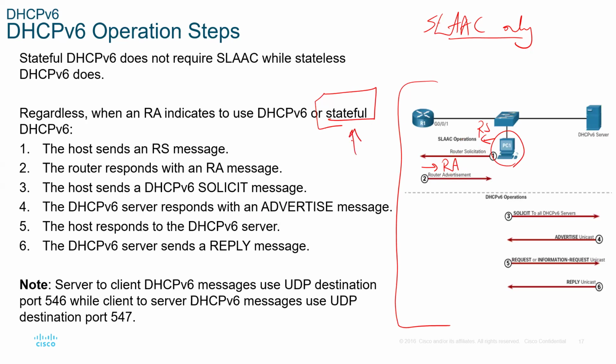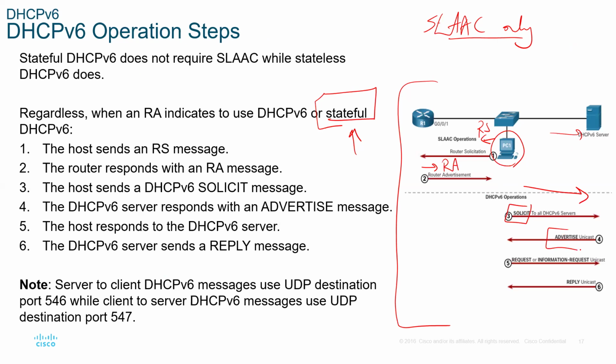If the operating system says we choose stateful DHCP, then what happens after? We go to step 3, where a solicit message is sent to the server. So this is the start of negotiations between our client and our DHCP server. We don't have an IPv6 address yet. We ask for negotiations with this server by sending the solicit message.